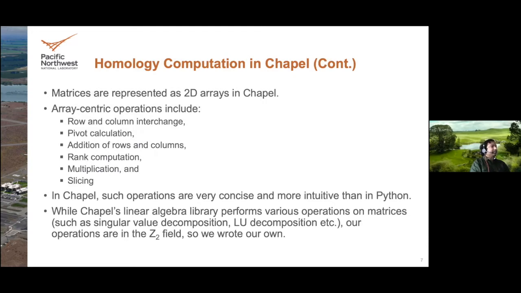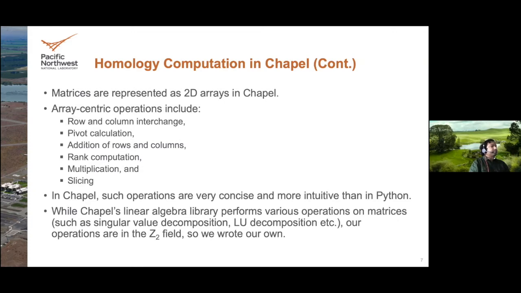And here is a list. We needed to do row and column interchanges, then pivot calculation, addition of rows and columns, rank computation, multiplication, slicing. And all these operations can be done in Chapel very easily, and that's one of the slides coming forward. And as I will show, they are very concise and very intuitive compared to Python.